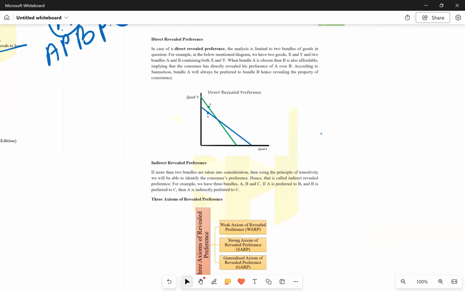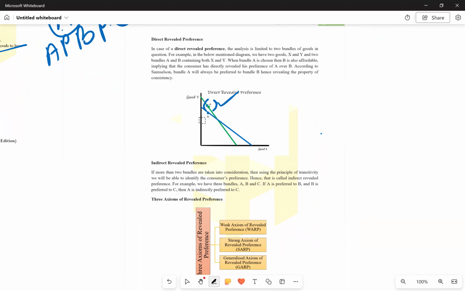Now, what about your direct revealed preference? In this diagram, you have two points, A and B, right? In this case, the consumer will always choose A, because he's making his preference really clear.